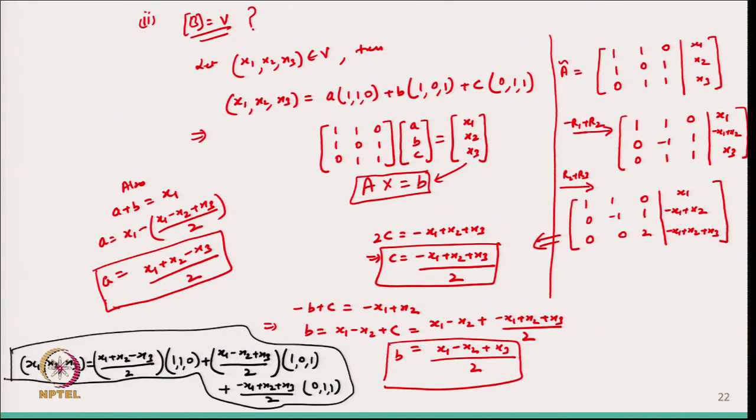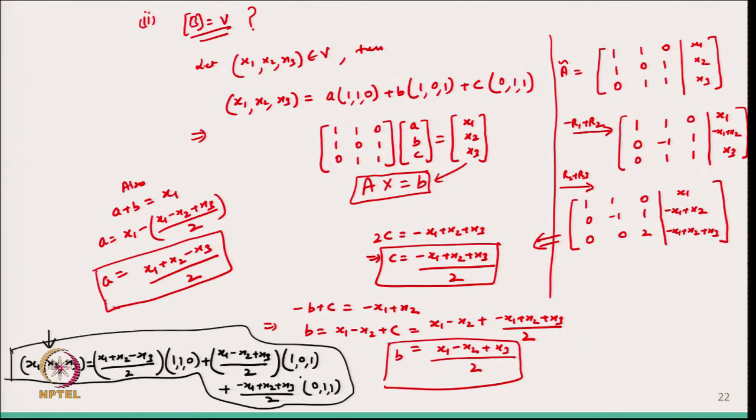So, from here you can see that for any value of this one I can get the linear combination. You just give me any vector from V3, and then correspondingly these coefficients can be found.